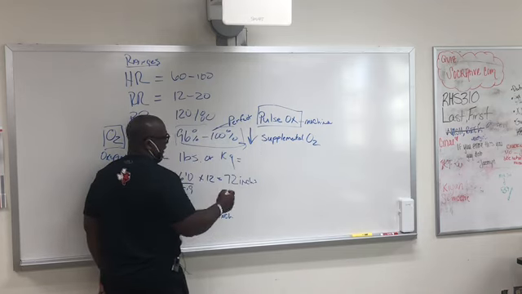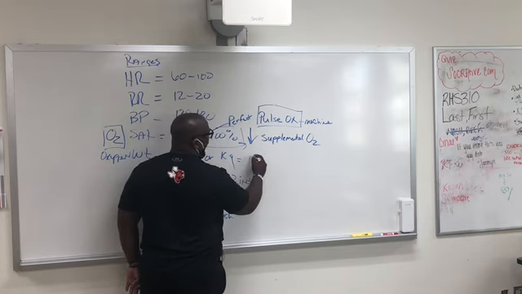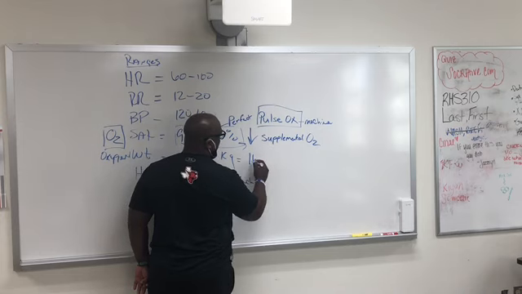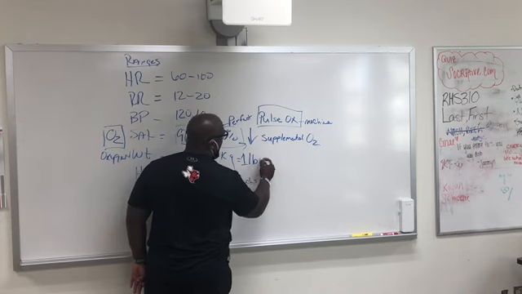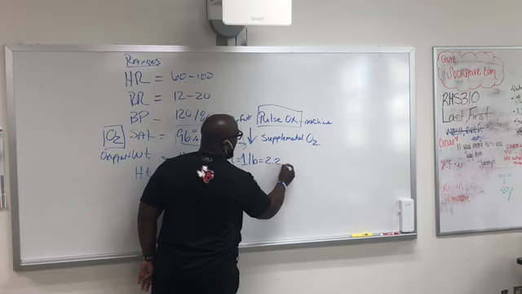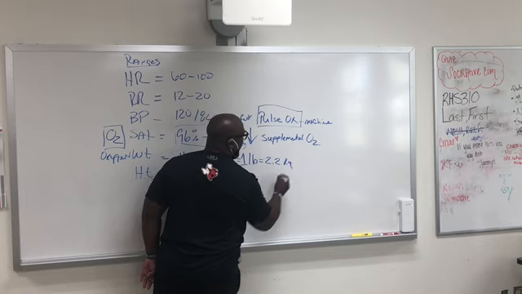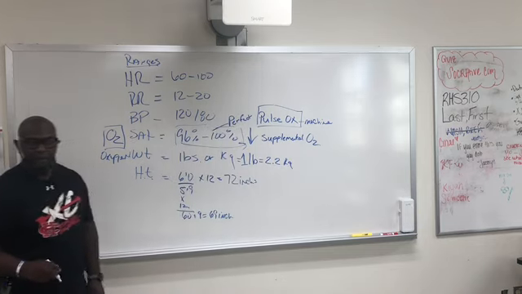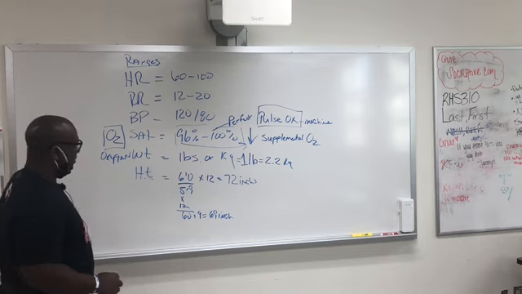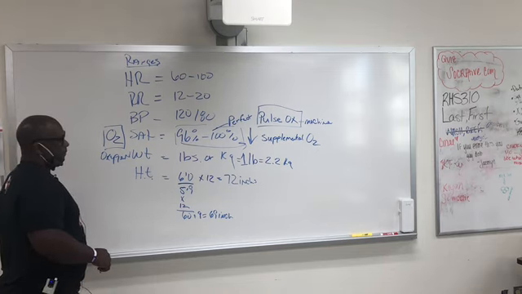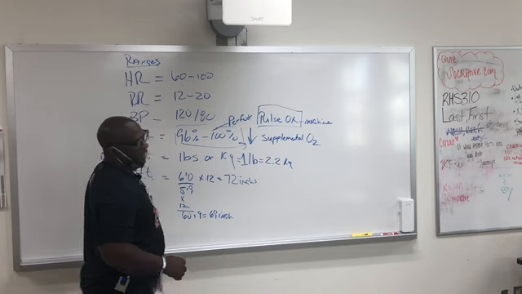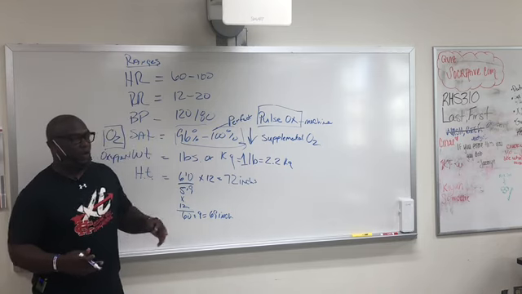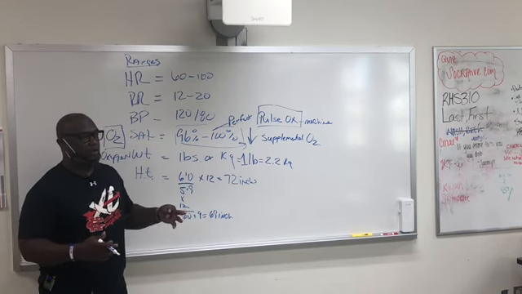For every pound equals 2.2 kilograms. For every pound is 2.2 kilograms. Now, will I give it to you in exact? No, I'll give you a range. You're going to pick out the best answer.